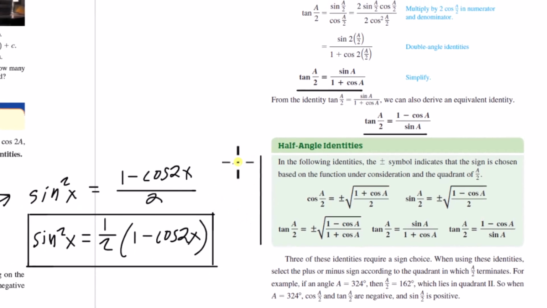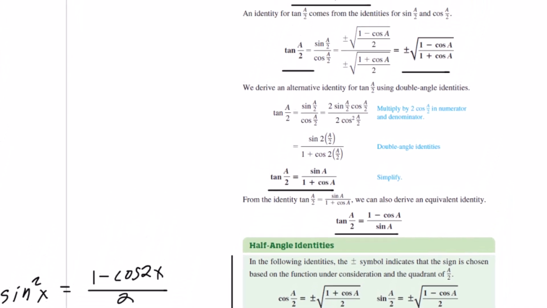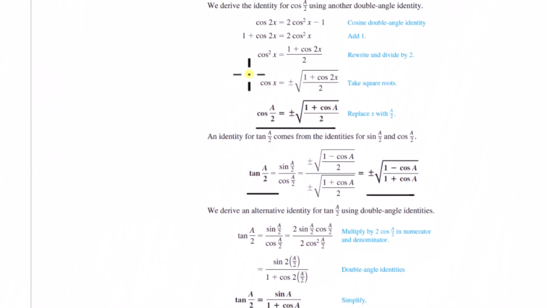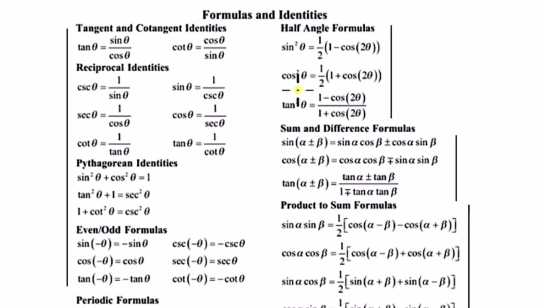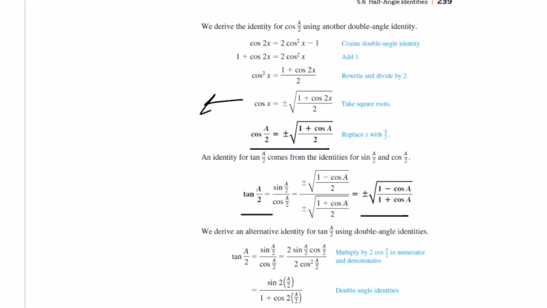But you could derive, if we come here, you would square both sides and get cosine squared x is equal to 1/2 times 1 plus cosine 2x. If we come back, there's cosine squared x is equal to 1/2 times 1 plus cosine 2x. And then we square both sides of this here.